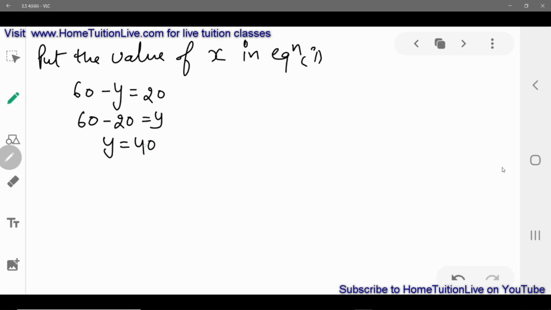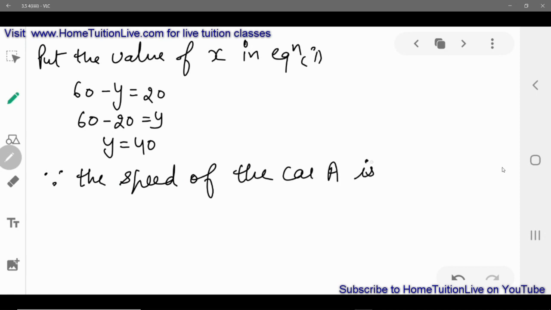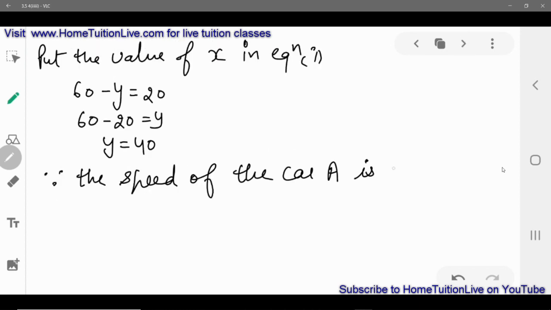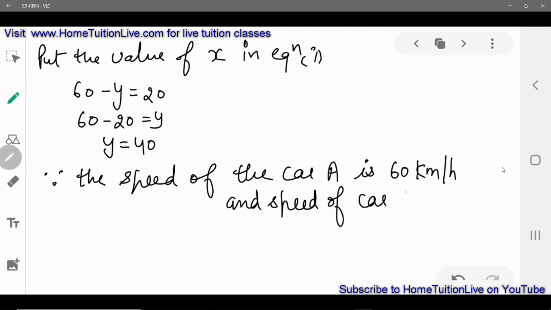So, therefore, the speed of car A is 60 kilometers per hour, and the speed of car B is 40 kilometers per hour.